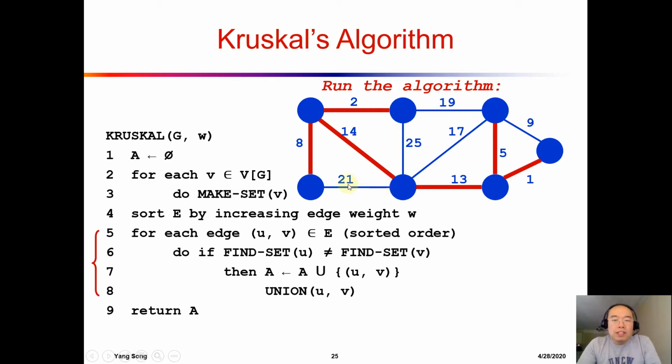Because when we check this 21, the two nodes are already in the same set. So we don't have to take the 21 into the A. So this algorithm can definitely prevent any circle in our MST.